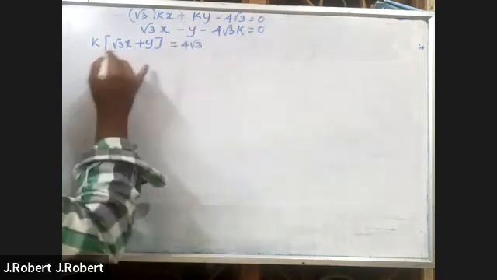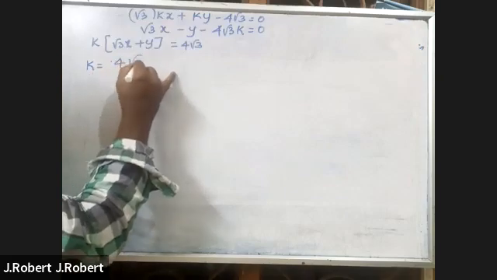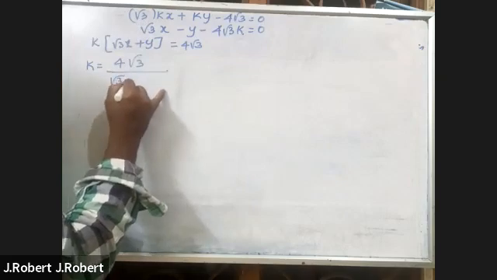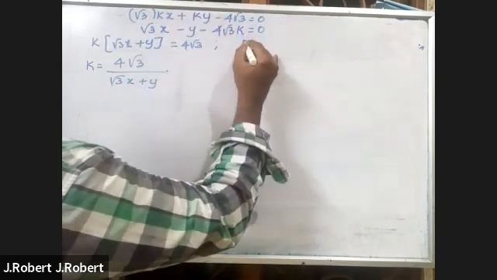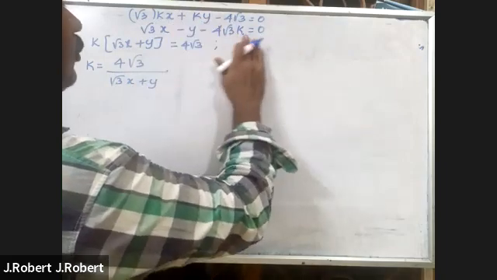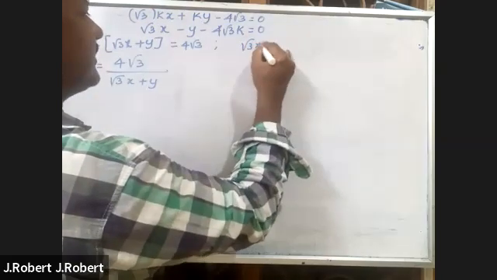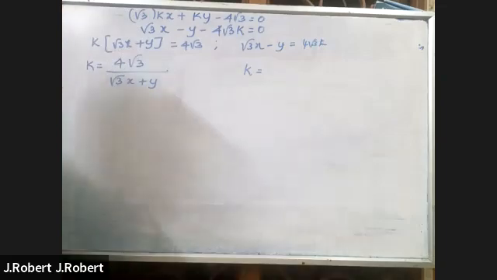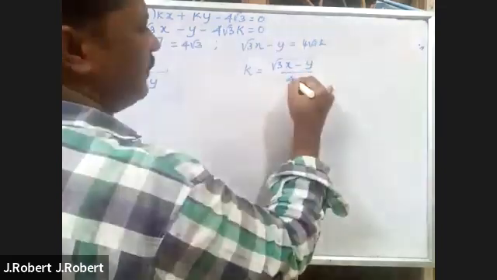I am eliminating k from the first line. In the same way, for the second line, keeping k constant, we bring this side: root 3x minus y is equal to 4 root 3 k. From this, eliminate k; we find k is equal to root 3x minus y divided by 4 root 3.